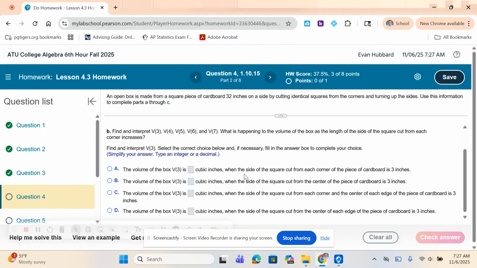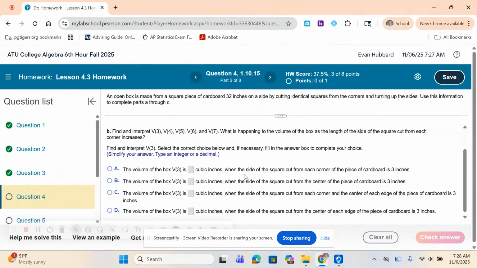Find V of 3, V of 4, V of 5, V of 6, and V of 7. What's happened to the volume as the cut increases? So for V of 3, I'm going to plug this in.